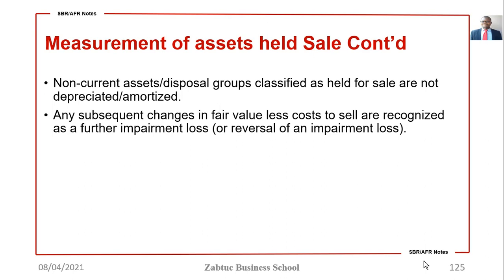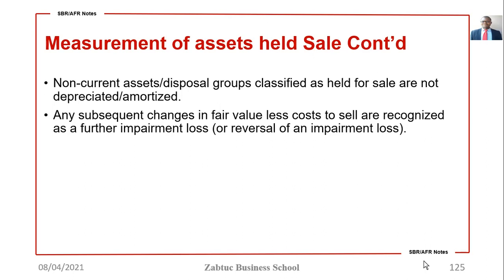Non-current assets and disposal groups are classified as held for sale also, and they should not be depreciated. Let me read that one again. It says non-current assets or disposal groups classified as held for sale are not to be depreciated or amortized.